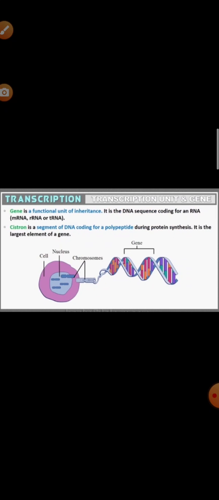Promoter is the binding site, structural gene is the region between the promoter and the terminator where the transcription will take place, and terminator is the site where transcription will stop, towards the 3' downstream direction. Okay, and the strand which does not get transcribed is known as the coding strand.